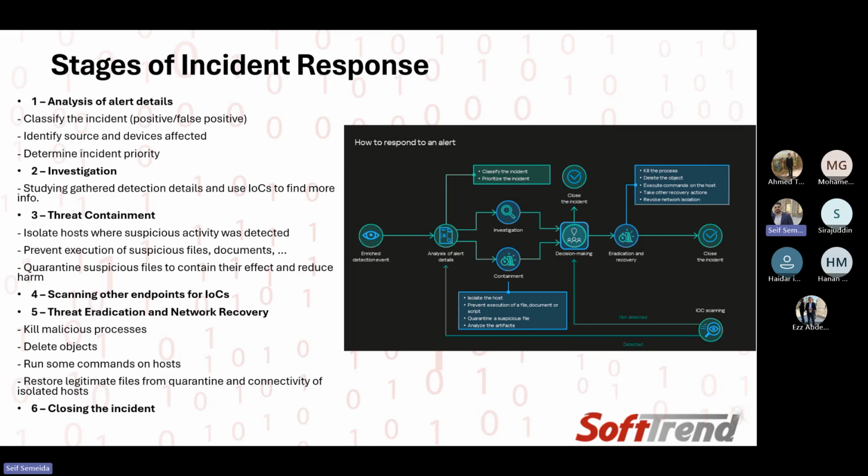And the next stage is threat eradication and network recovery, where all the malicious processes are killed off and removed from our network, along with the objects that have been added or deleted.